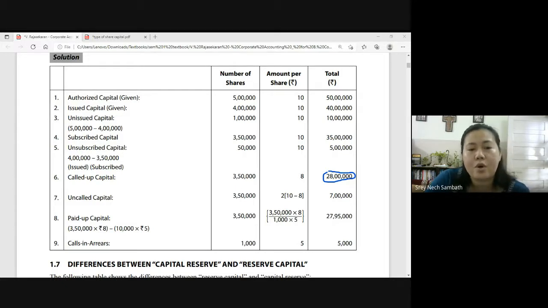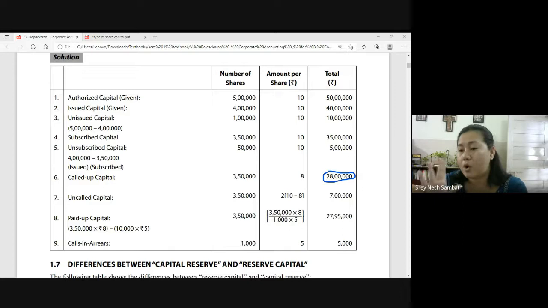So you multiply this 350,000 into 8, we know that we get 28 lakhs, right? 28 lakhs. So you minus the 5,000. So that's when you get 27,95,000. Okay, so that is the paid up capital.